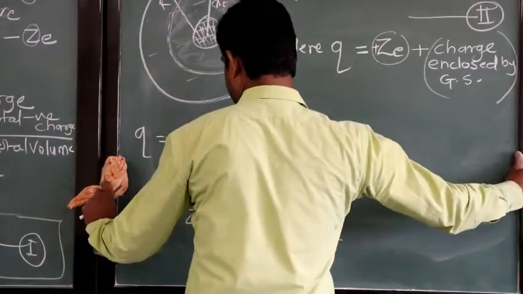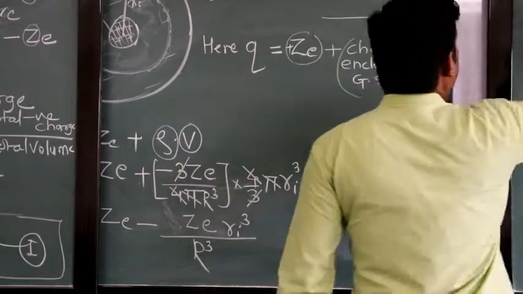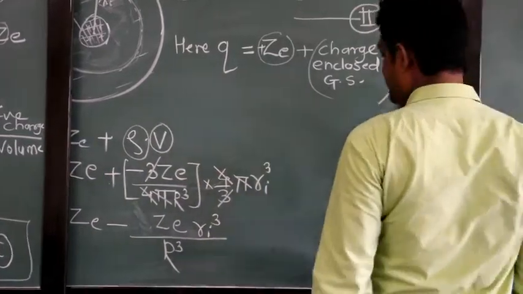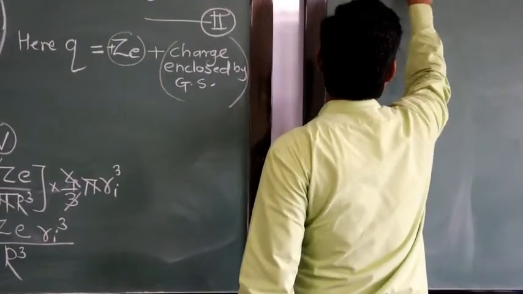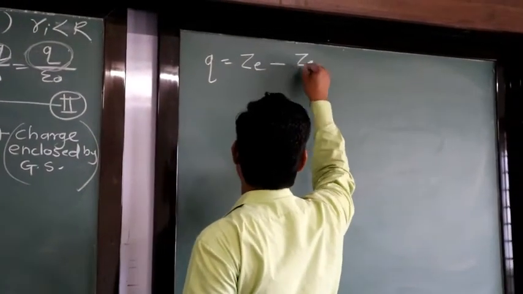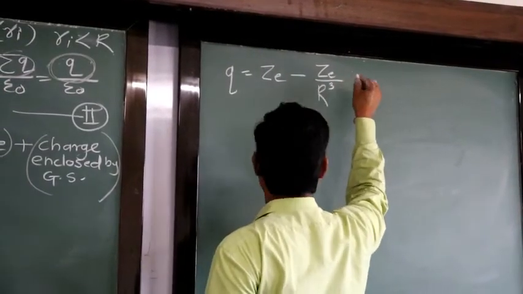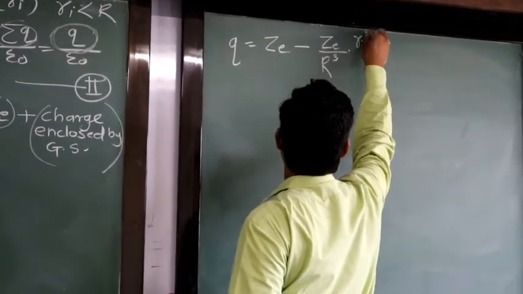So taking Ze outside, q equals Ze minus Ze times Ri cube over R cube.